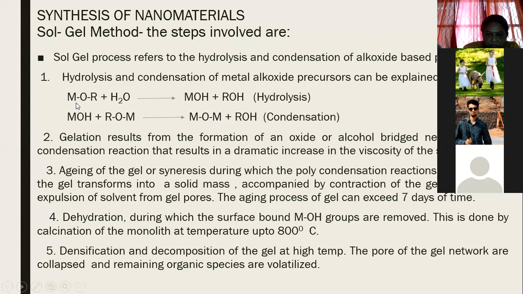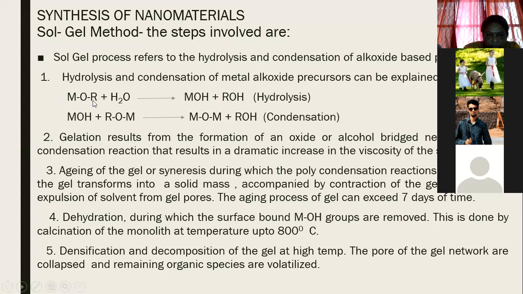Here the starting material is a metal alkoxide. This can be a metal or metalloid, and this is the formula for how we write a metal alkoxide. This is oxygen, this is any kind of alkyl group.